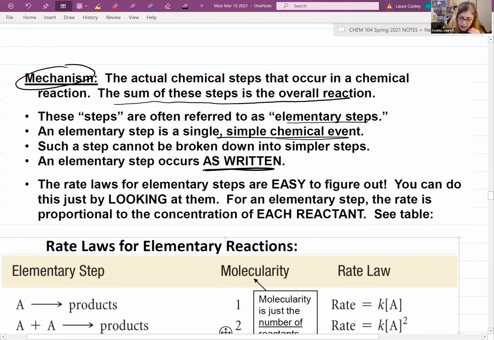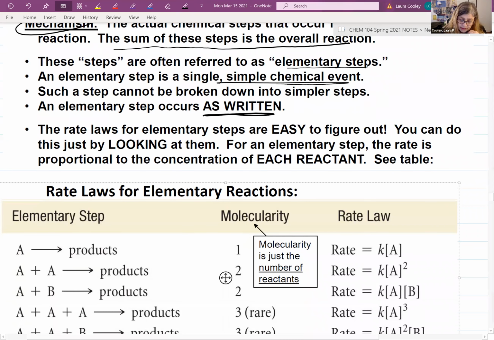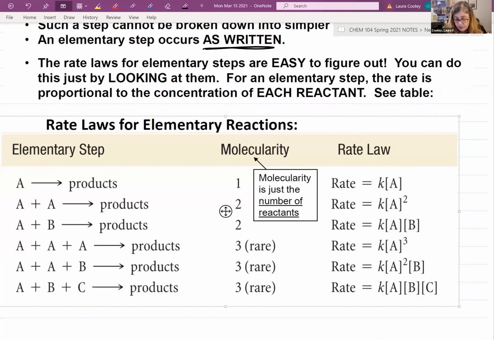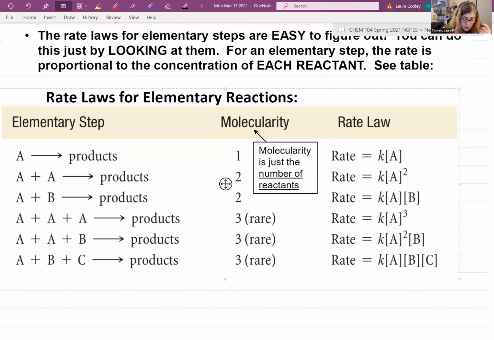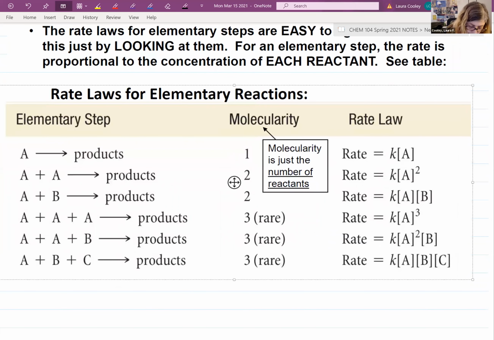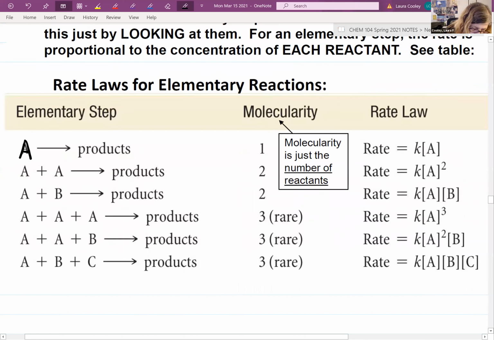So here are some elementary steps. These are some of the different possibilities. So if you have a first order situation, like A goes to products, okay? That was like what we talked about with the C4H9Br, just forming that carbocation. The carbocation would be among the products of that step.